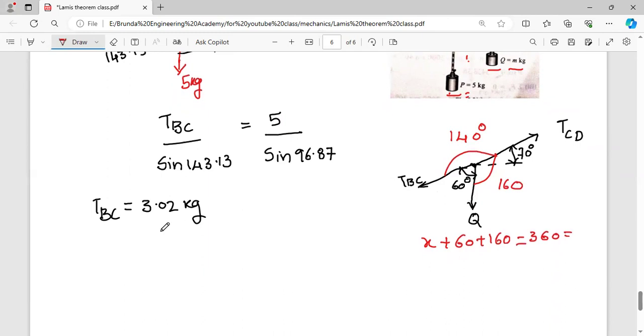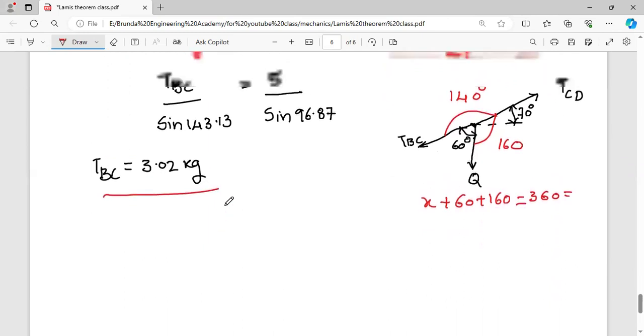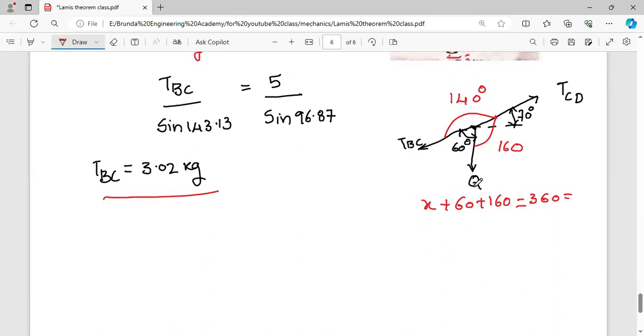Now apply the same sine rule. The sine rule means our Lami's theorem. What is your target? You have to calculate the value of Q only. You know TBC. How much is it? 3.02 kg. So 3.02 by sine of the angle between the other two forces. What are the other two forces? TCD and Q. What is the angle? 160 degrees. That is equal to Q by sine of the angle between the other two forces, which are TBC and TCD.